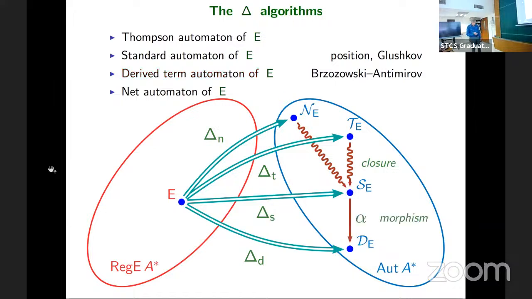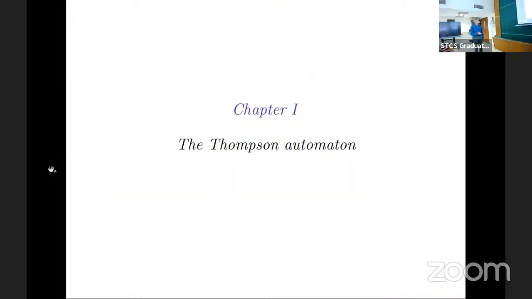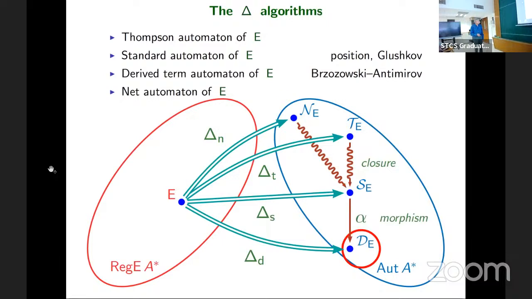And there is a very important property: the standard automaton is sent by a morphism onto this derived term automaton. And the second new result is to understand better how this derived term automaton is built. So the first part of my talk will essentially be this part.